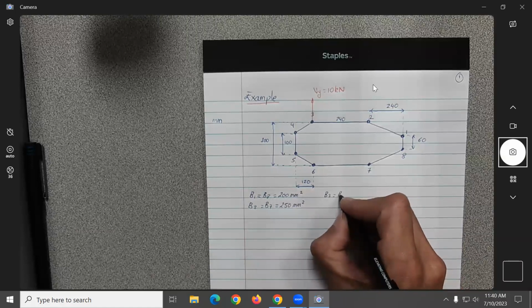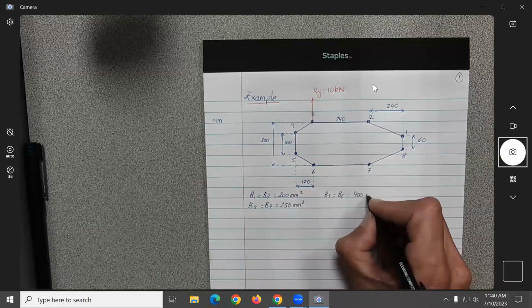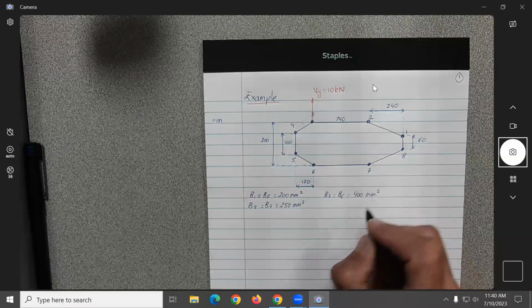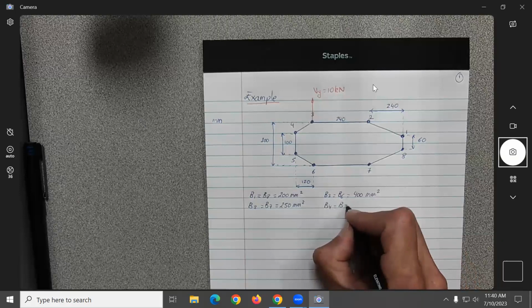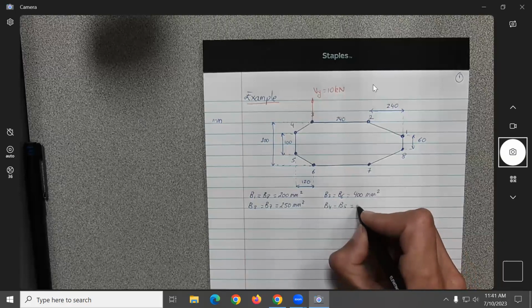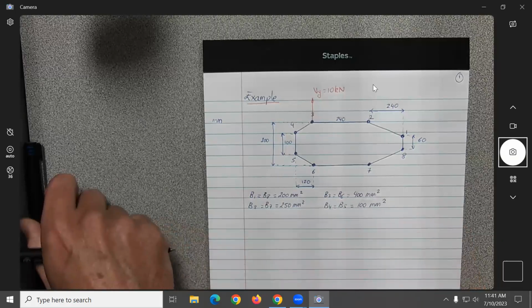B3 equal to B6 equal to 400 millimeter squared. And B4 equal to B5 equal to 100 millimeter squared.